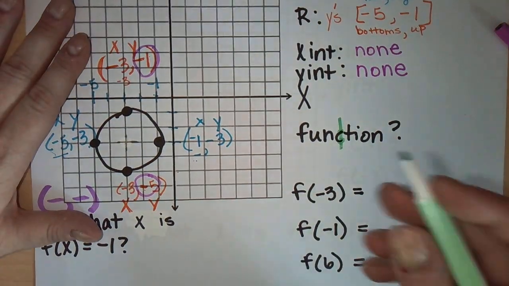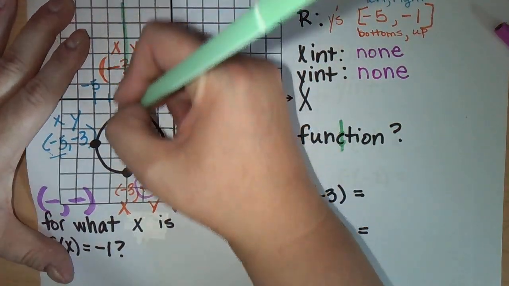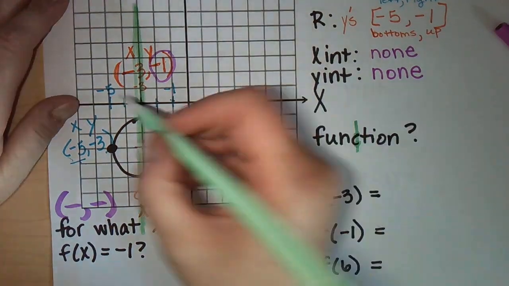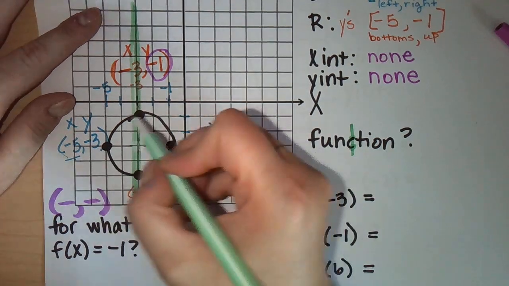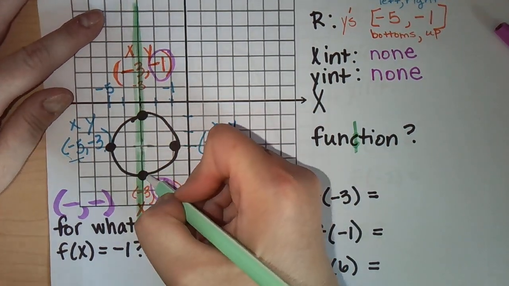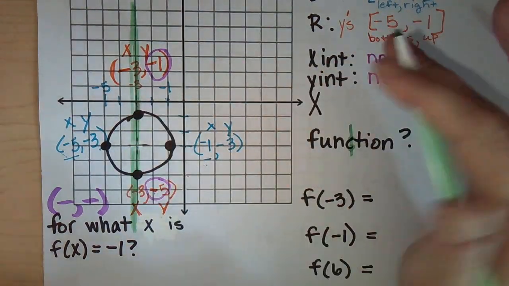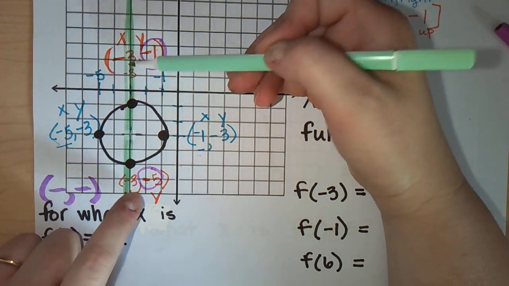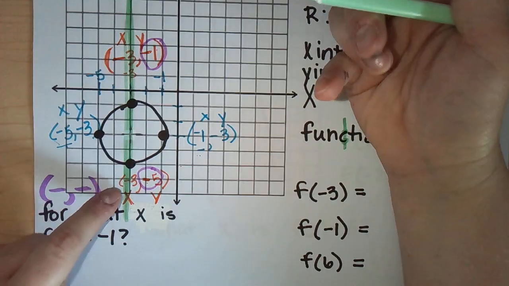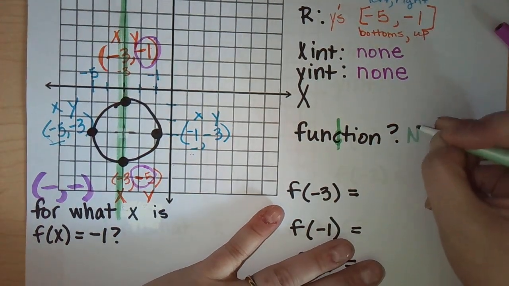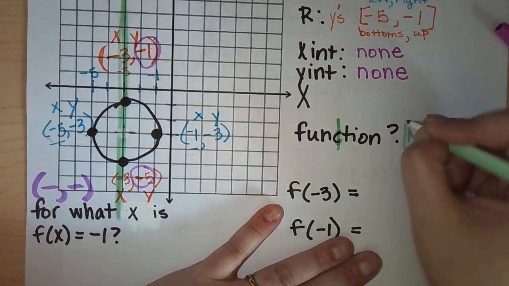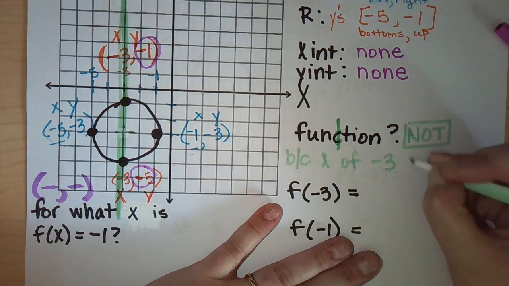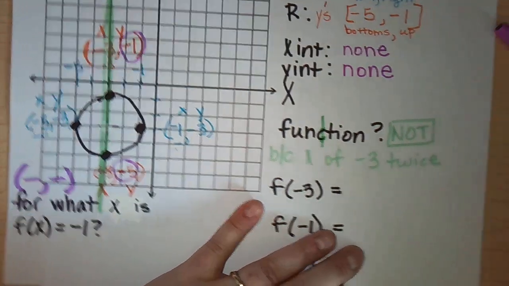So if I draw an up and down line, say right here, this line touches the circle once, twice, and that's no bueno, especially because if you look at the actual numbers, those x's of -3 were written twice. So this is not a function because the x of -3, we saw it twice.